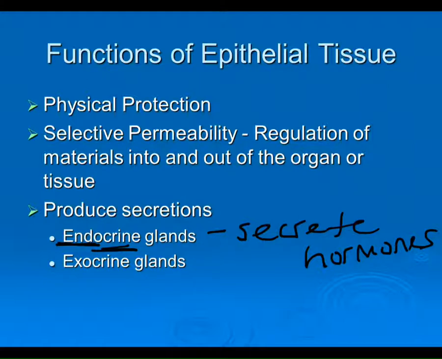They're within the body. Whereas exocrine glands are going to secrete out of the body. And this is going to be things like your sweat glands, your tear glands, even your digestive juices, even though they occur inside your gut, have a direct connection to the outside world, and so they're also considered exocrine.